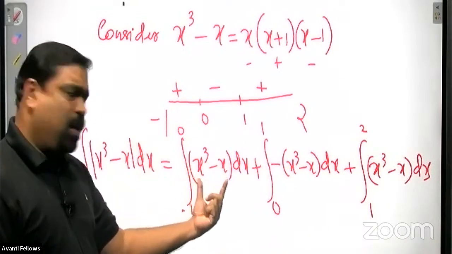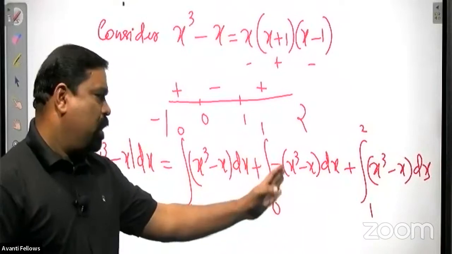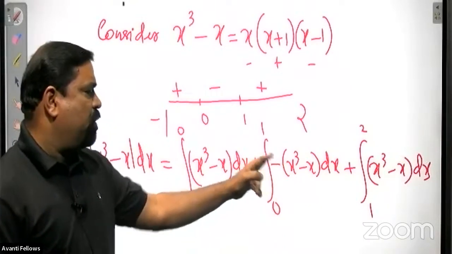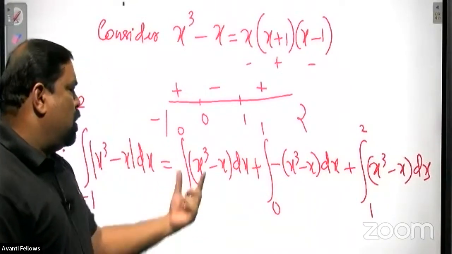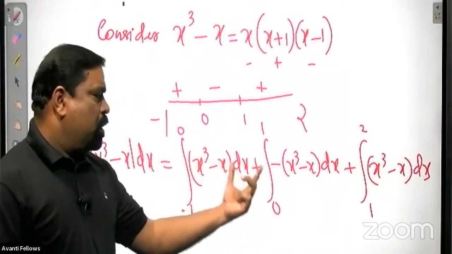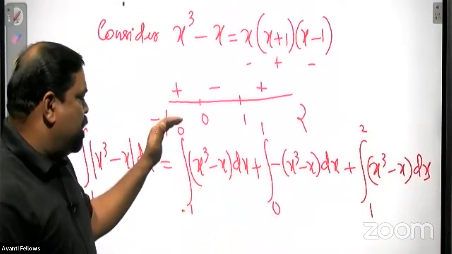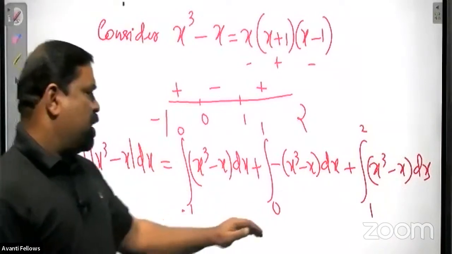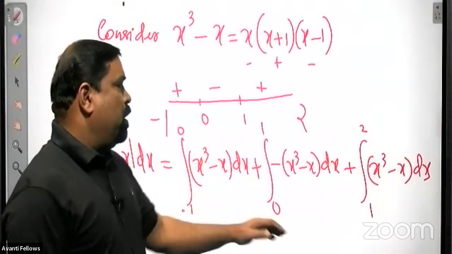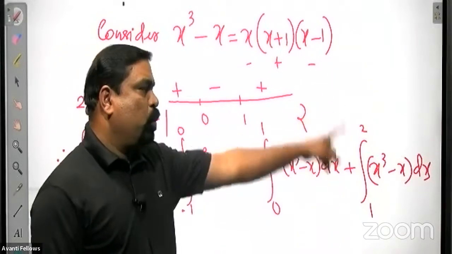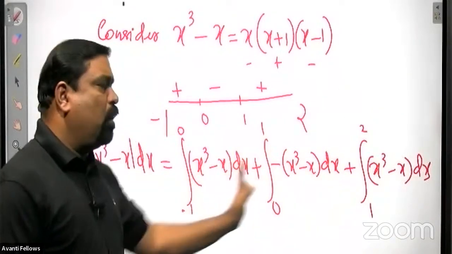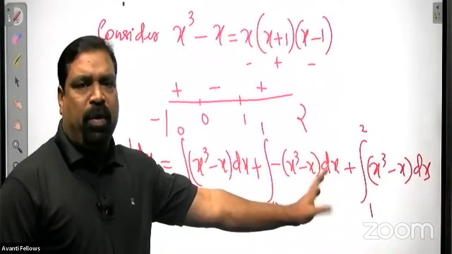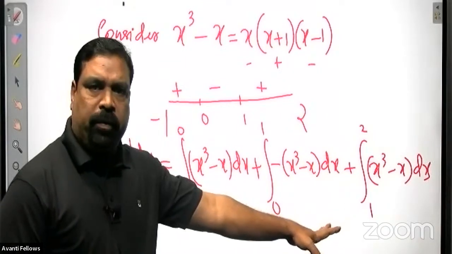Everywhere the function is x cube minus x only, but in one place you can take the negative outside. So just integrate, the limits will be different. In the first part, the limit is -1 to 0. In the second integral, the limit is 0 to 1. And in the third integral, the limit is 1 to 2. I think the remaining calculation can be done by yourself, okay?